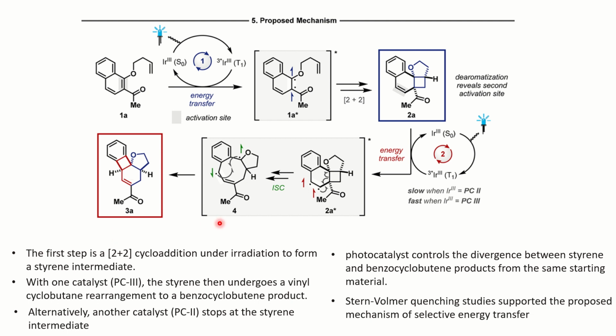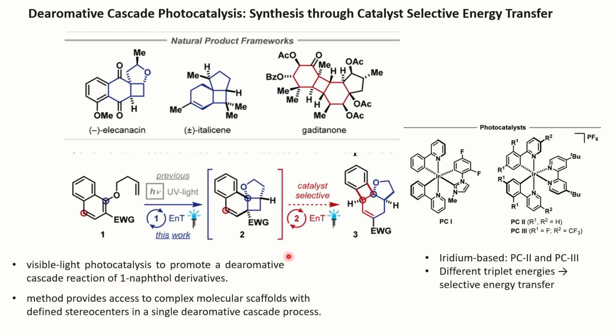Here, the mechanism is something that had already been proposed many times before. So, it's okay. Here are the steps that have been followed. First step is 2 plus 2 cycloaddition, and one very important thing: you remember that I have already discussed that they have used three types of photocatalyst: PC1, PC2, PC3.